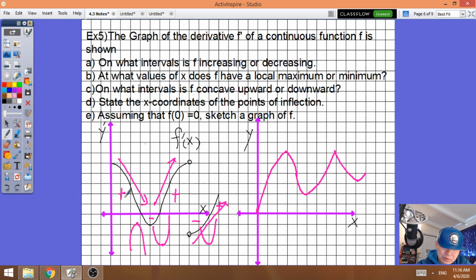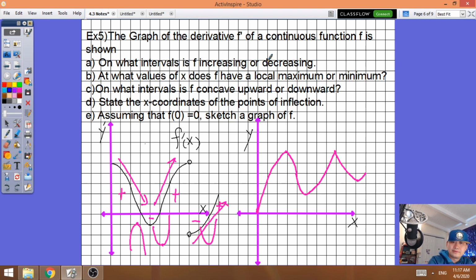As you can see from the boundaries I put in, from 0 to 3 it's positive, and then from 3 to 5 it's negative, and then from 5 to the point here, which looks like less than 8, it is also positive. So on what interval is f increasing or decreasing?